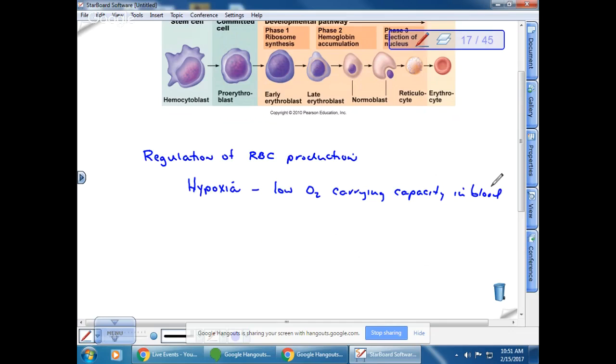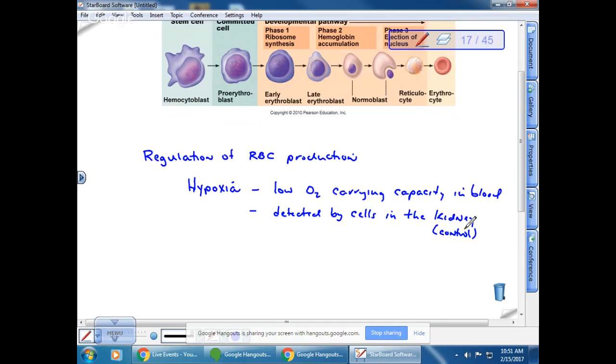But this is specifically detected, and this is strange, but it's detected by cells in the kidney. So this is the control center for homeostatic balance of red blood cell production.